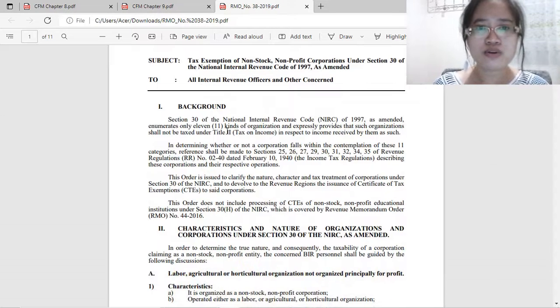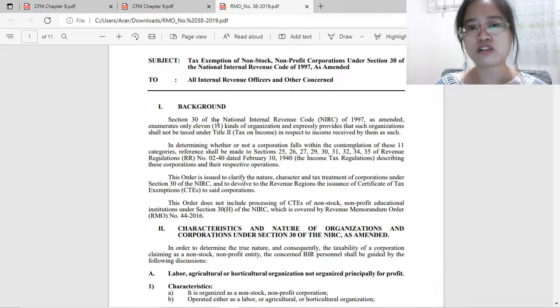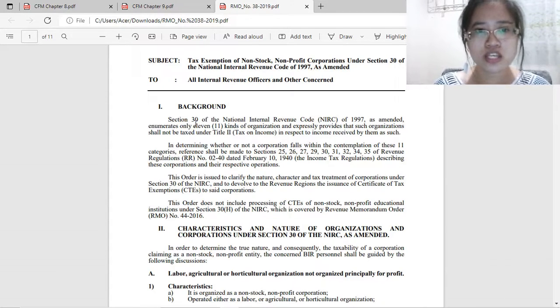For the background, Section 30 is the portion of the tax code which provides which organizations or types of organizations can avail of tax exemptions. Section 30 enumerates only 11 kinds of organizations and expressly provides that such organizations shall not be taxed under Title 2, Tax on Income or Income Tax, in respect to income received by them as such.